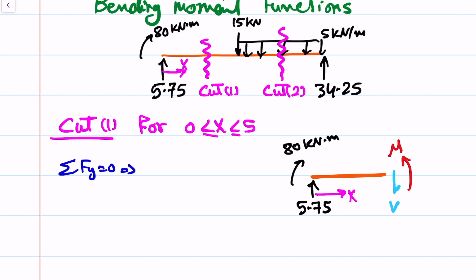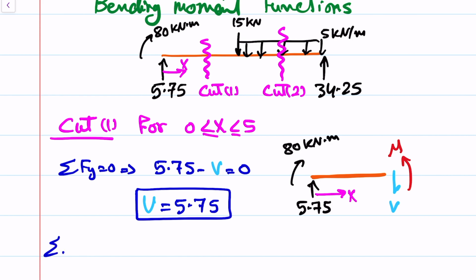That means 5.75 minus shear equals 0. So V equals 5.75.